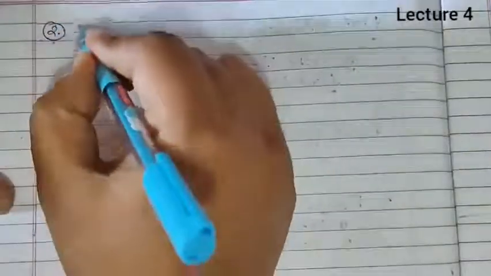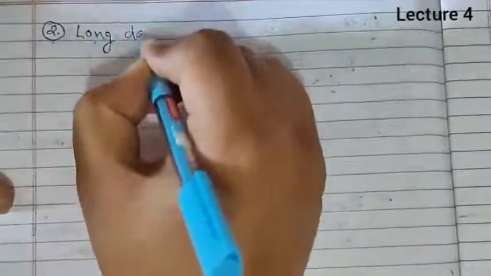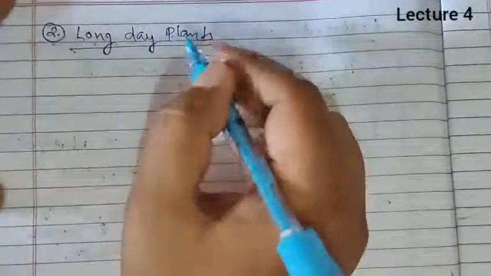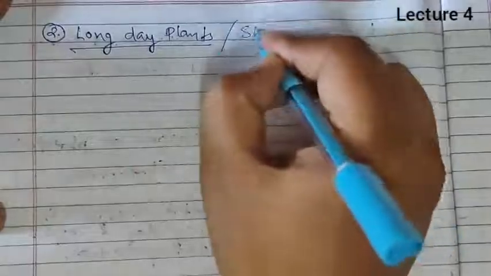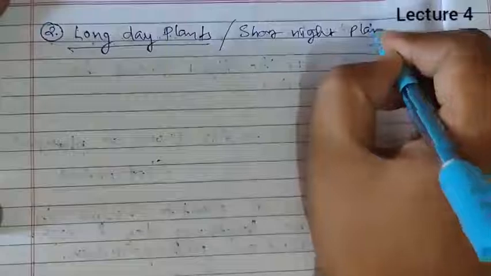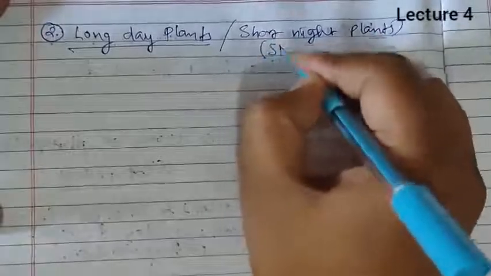Second type is long day plants. Now long day plants are also named as short night plants.